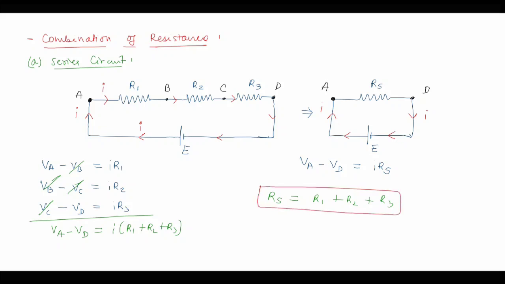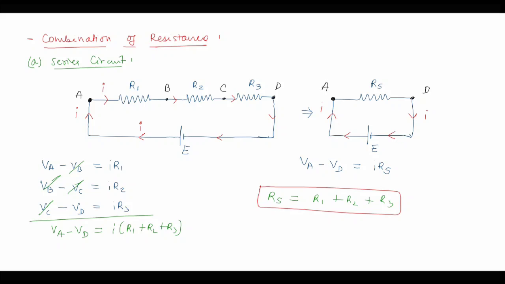It must be noted well here that the potential difference across the resistances may be different. If the resistances are the same, that is R1 equal to R2 equal to R3, the potential difference across each resistance will become the same.